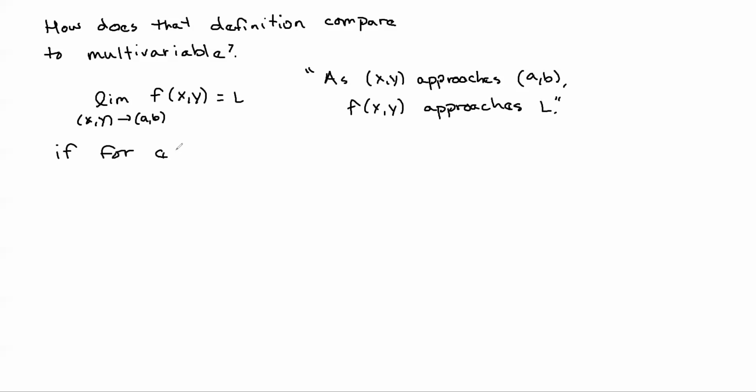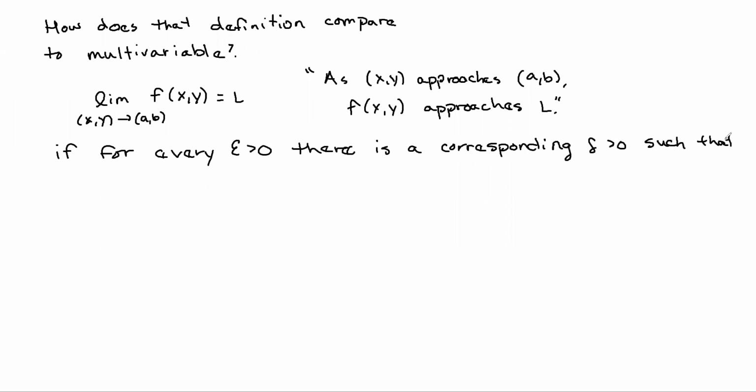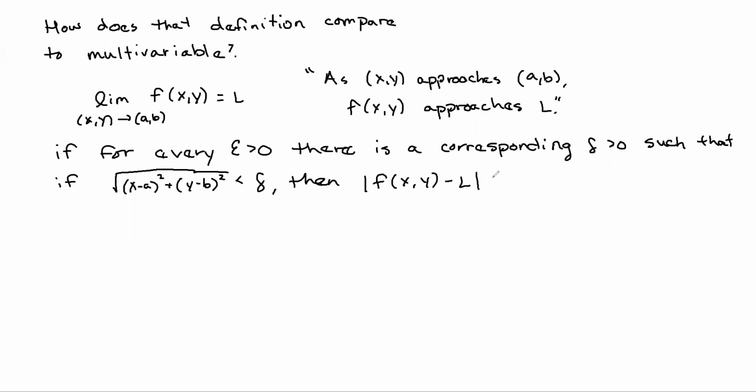If for every epsilon greater than 0, there's a corresponding delta such that if the square root of (x minus a) squared plus (y minus b) squared is less than delta, then the absolute value of f of (x,y) minus L is less than epsilon.